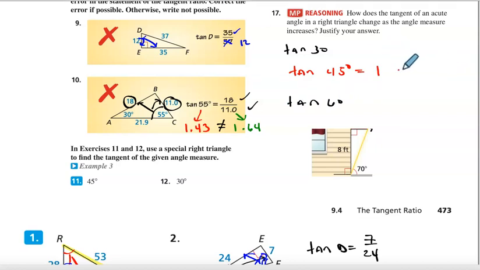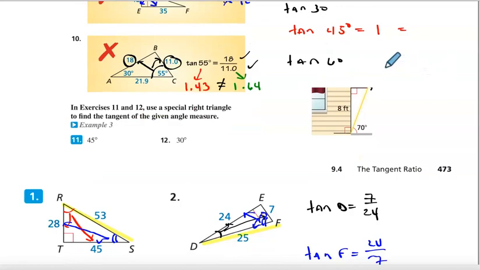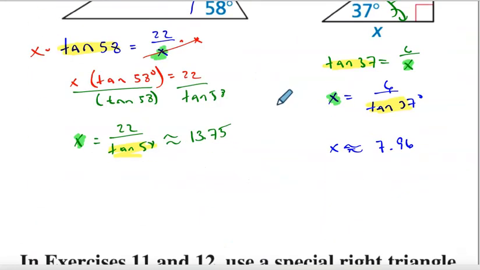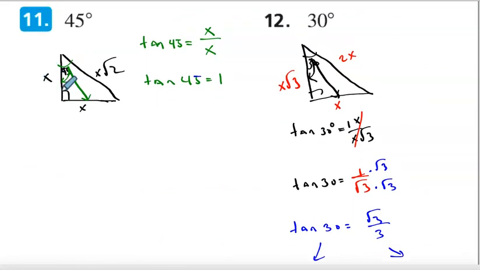So to get 1, the ratio has to be 5 over 5, like your legs have to be the same, which is why I worked on a 45 degree triangle. So in a 45 triangle, this is x radical 2, so this is 5, 5, and 5 radical 2. Well, when I take the tangent of that angle and I do the opposite over the adjacent, that's why I get 5 over 5 equals 1.